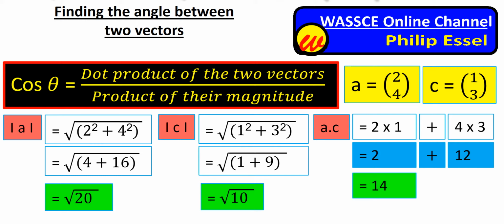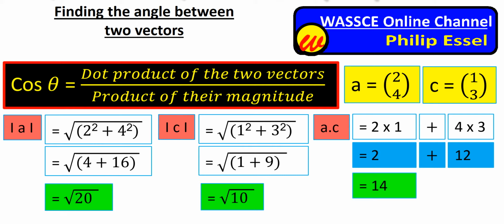So now we have the magnitude of the vector a to be the square root of 20, the magnitude of the vector c is the square root of 10, and the dot product of the two vectors a and c is 14.